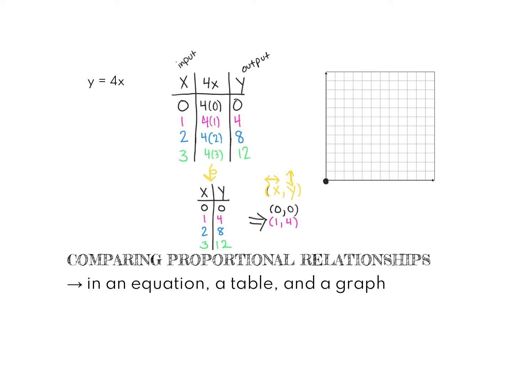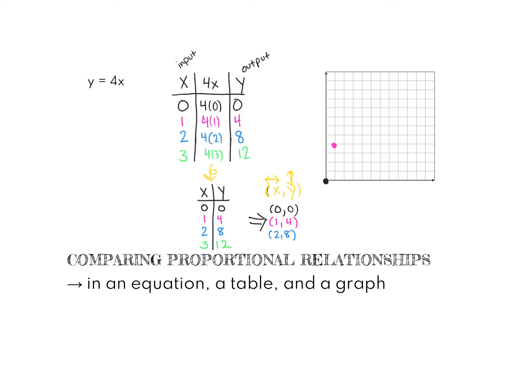Now I am going to go to the coordinate 1, 4, my input of 1, my output of 4. I always start at the origin. I'm going to go to the right 1 and up 4, and that is where my point 1, 4 is going to be. My next coordinate is 2, 8.